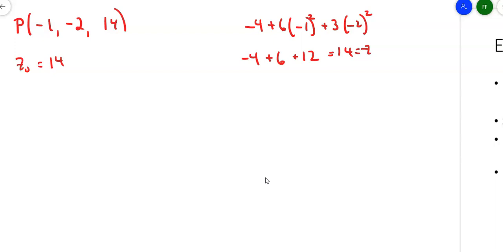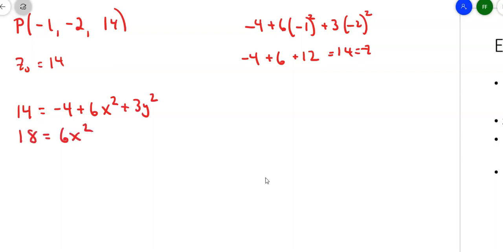The original function, I'll put a 14 on the left side. I was given negative 4 plus 6x squared plus 3y squared. All right, so a little bit of solving, add a 4 to both sides, so I get 18 equals 6x squared plus 3y squared. All right, good, the numbers work out nicely. If I have both an x squared and a y squared with a plus in between them, it's going to be an ellipse.